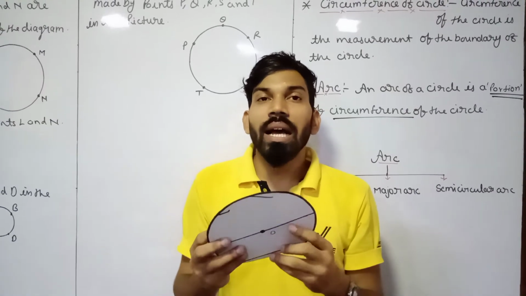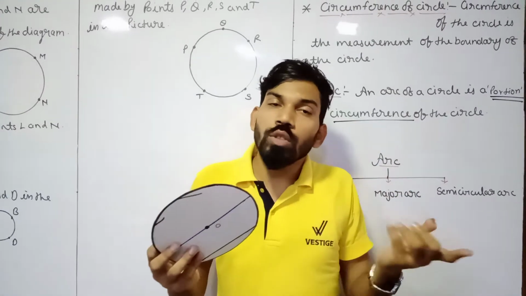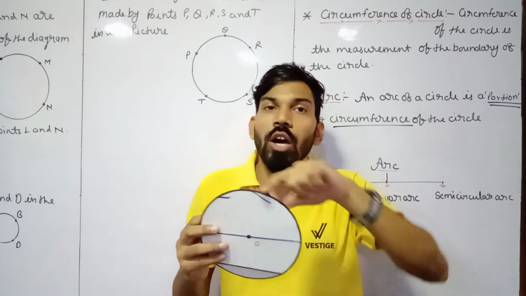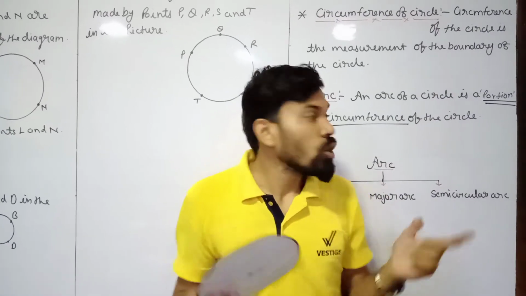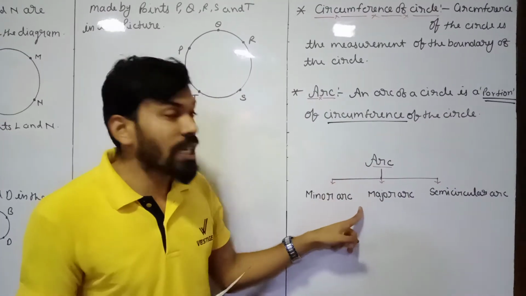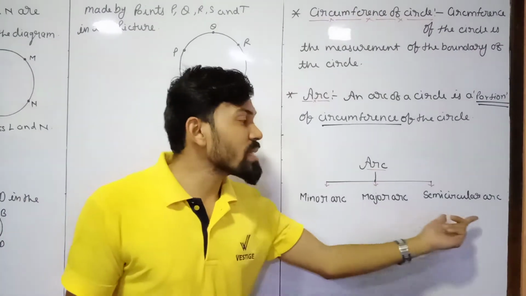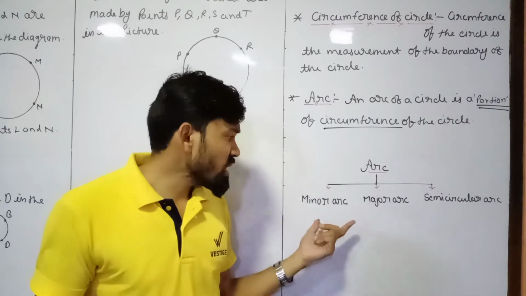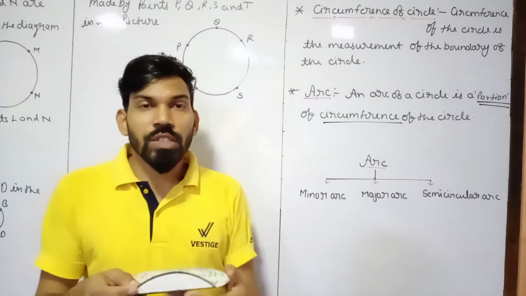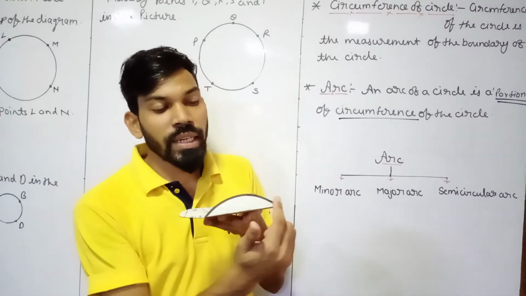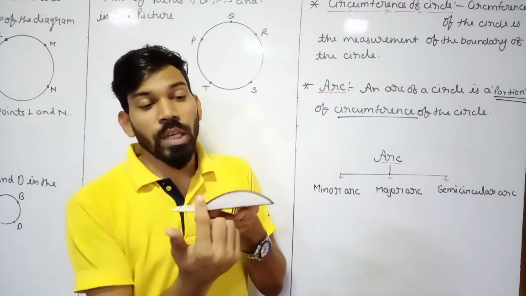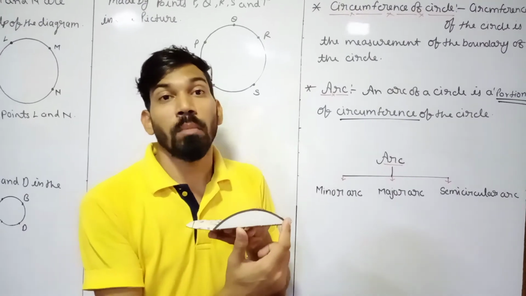So these are arcs. You may have difficulty understanding how we measure these three types of arc. That is nothing else but the types of arc: the minor arc, major arc, and semicircular arc. The first one is the minor arc, this one, the smaller part. Minor means smaller part of the circumference; that is called a minor arc.